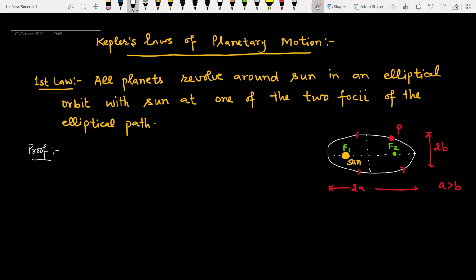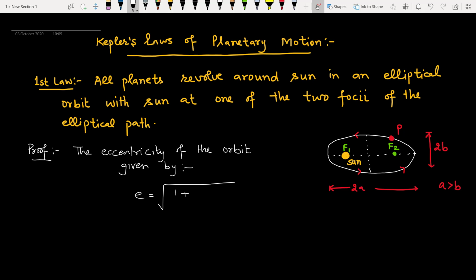The eccentricity of the orbit in which the planet revolves around Sun is given by e is equal to square root of 1 plus 2E L square upon mu k square.